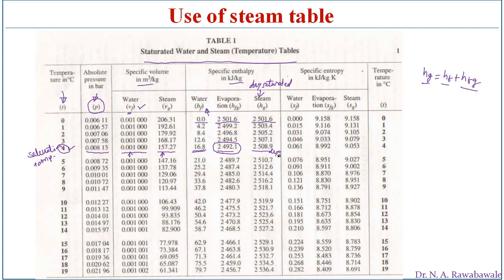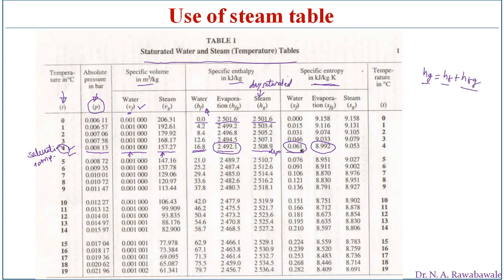Then after that, this section gives us the specific entropy of steam. Here the first column gives the entropy of water in kilojoules per kg degree Kelvin. So this is the entropy of water at a saturation temperature of 4 degrees Celsius. This is the entropy of evaporation.